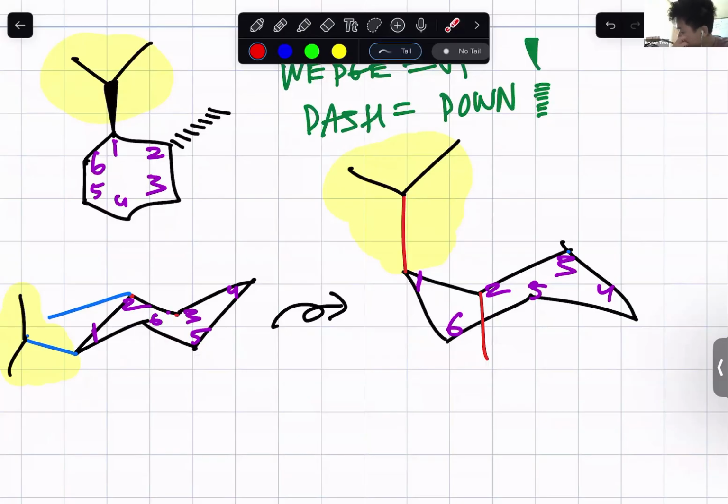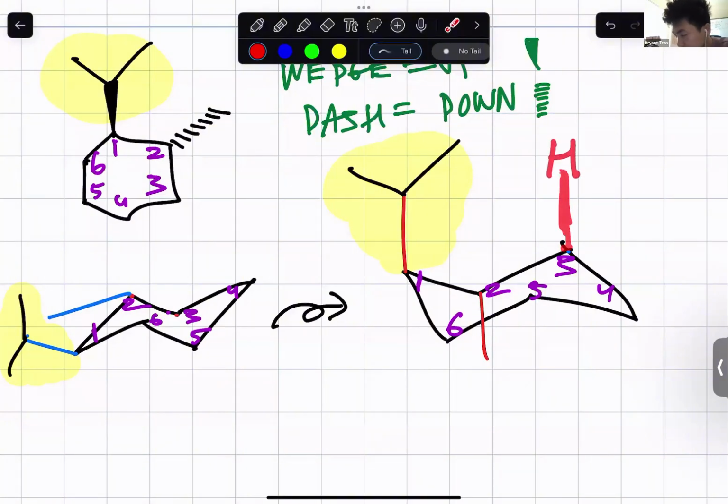So now if you look at this axial group over here, which is going up, right? And it's up, down, up, down, up. This carbon here will have an axial bond going up as well.